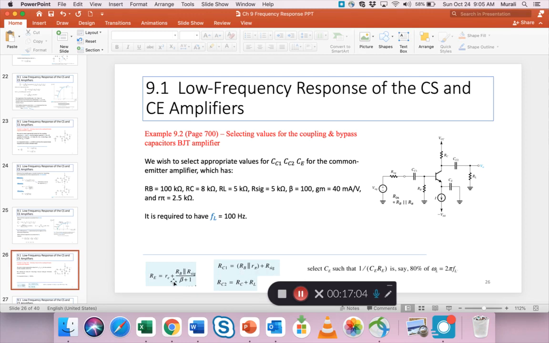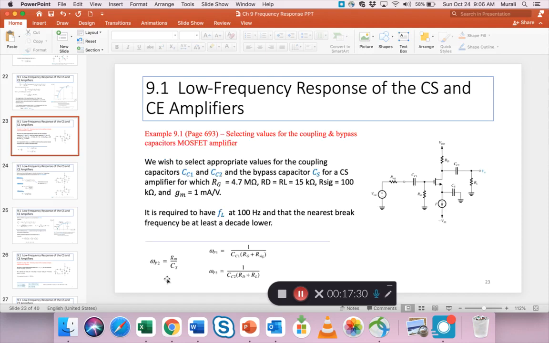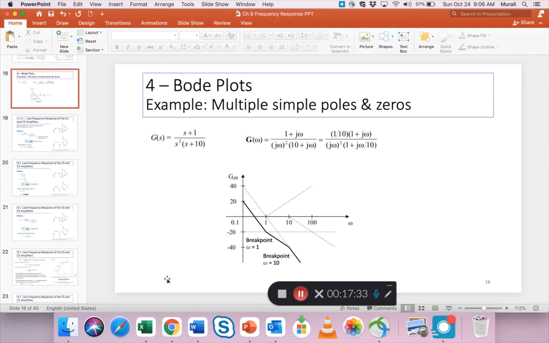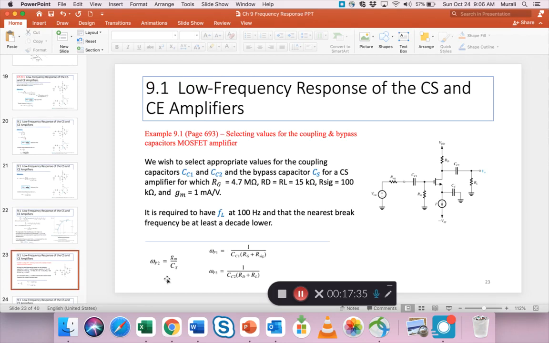But the formulas are, first of all, you find the Rs seen by each capacitor. Okay, so the RC1 is this, RC2 is this, and RE is this. In the previous example, here the R's are not called out separately.